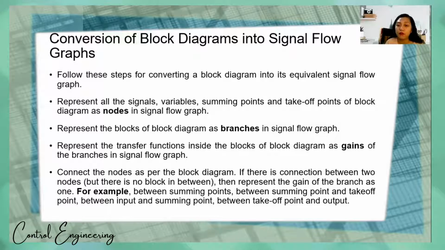Connect the nodes as per the block diagram. If there are connections between two nodes but no block in between, then represent the gain of the branch as 1. So for example, between summing points and takeoff point, between input and summing point, between takeoff point and output.